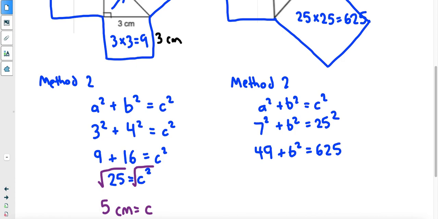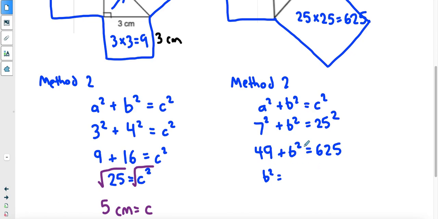To solve this equation for b, we need to take away this 49 from this side, because that will give us the b squared by itself. So we're going to take away 49 from both sides.